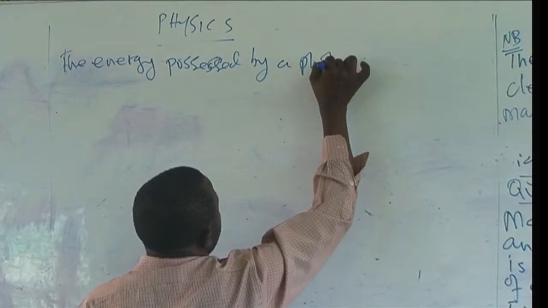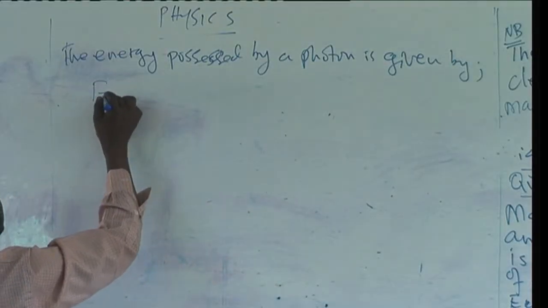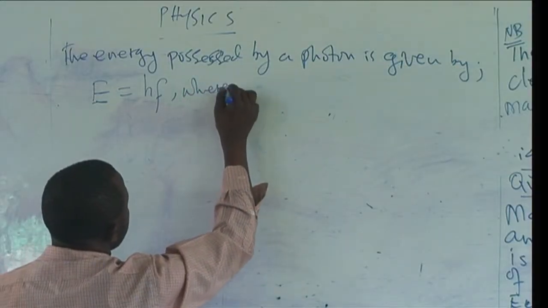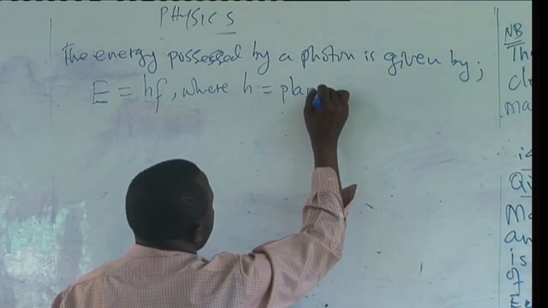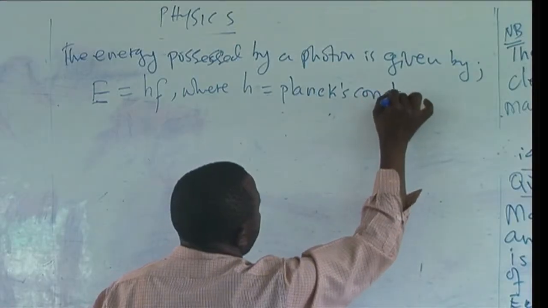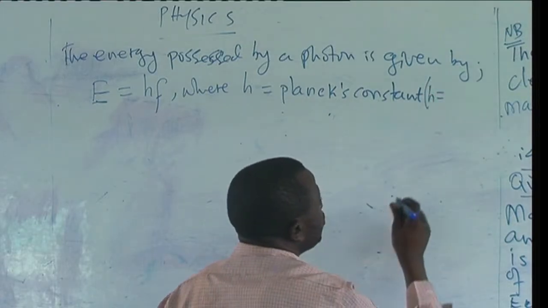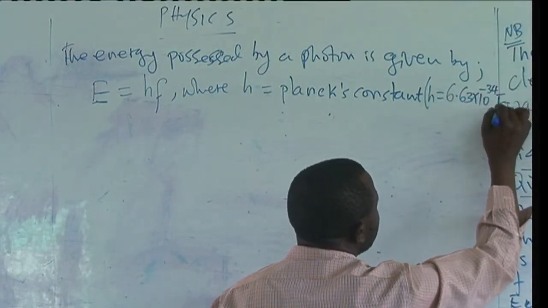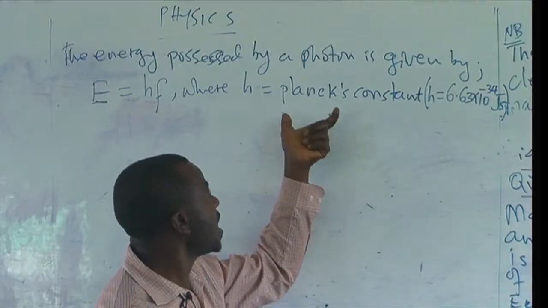E equals hf, where H is Planck's constant.